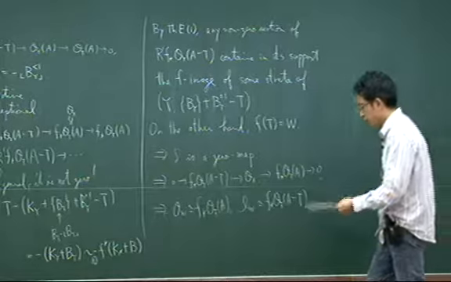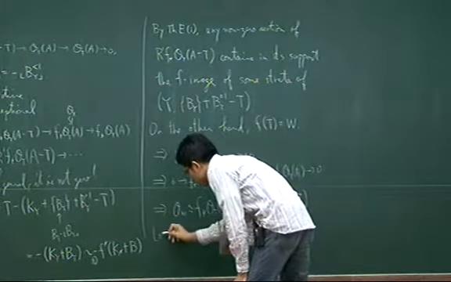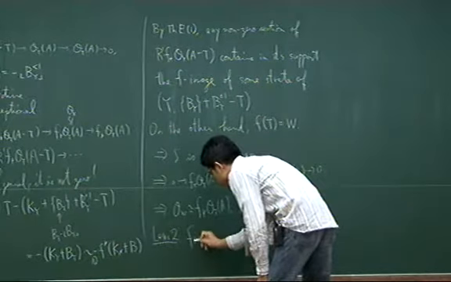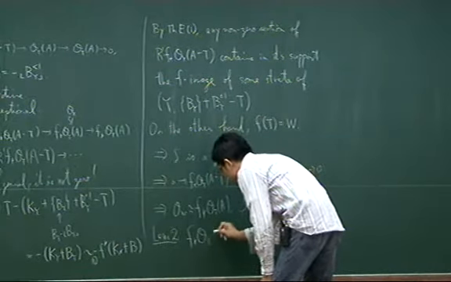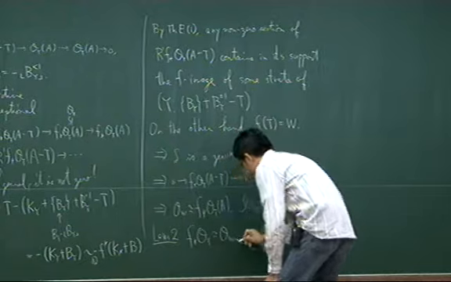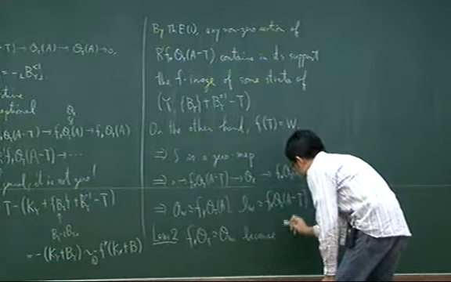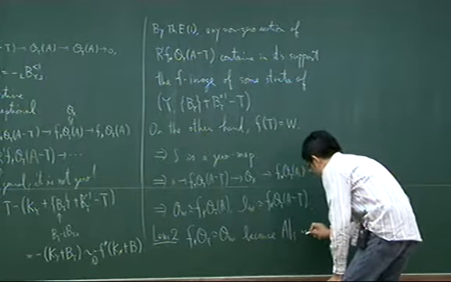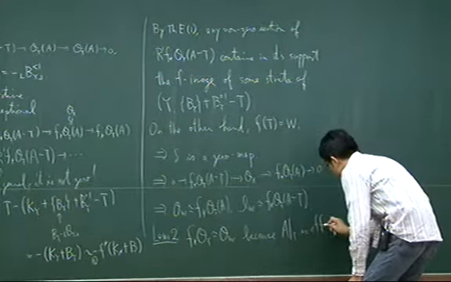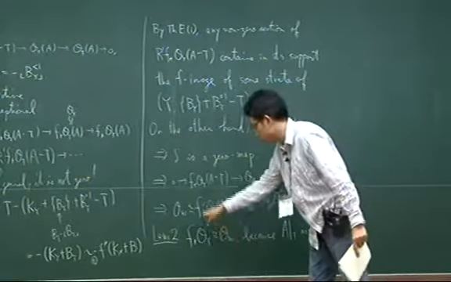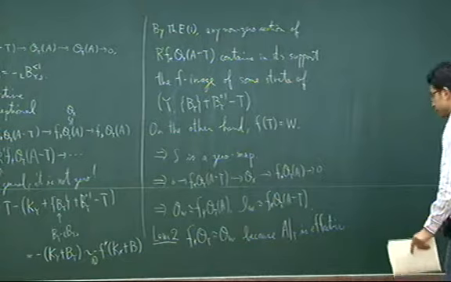So we obtain Lemma 2. Lemma 2: f_* O_T is isomorphic to O_W, because A restricted to T is effective. So this follows from this isomorphism.